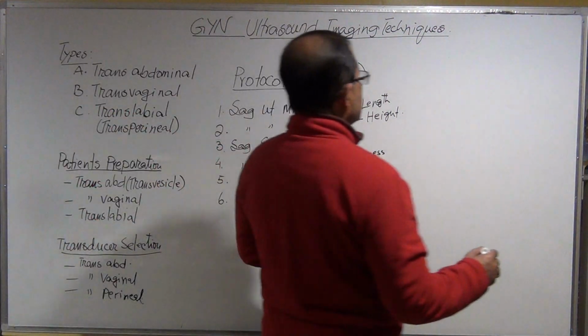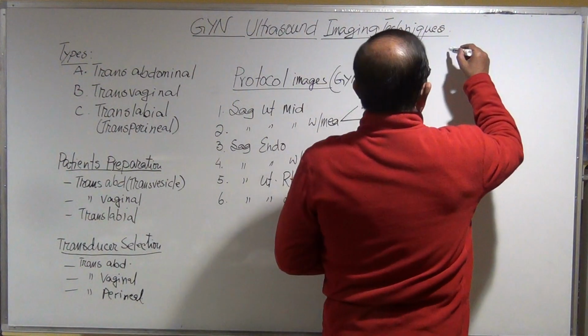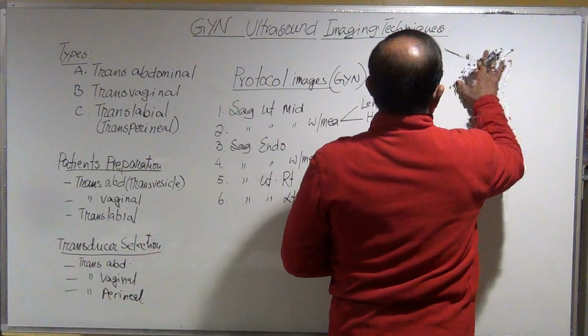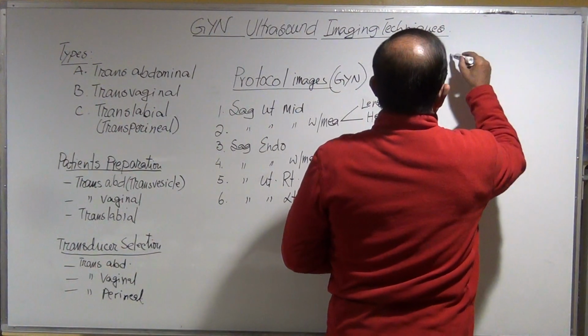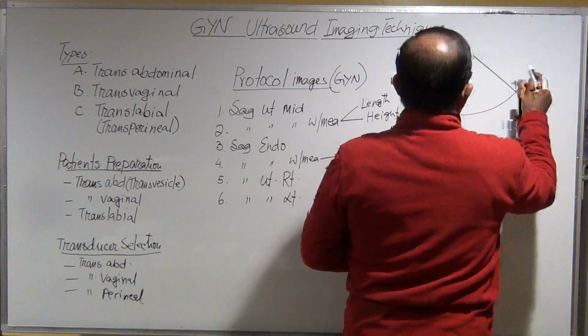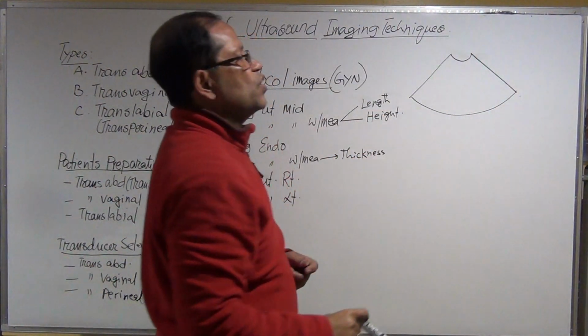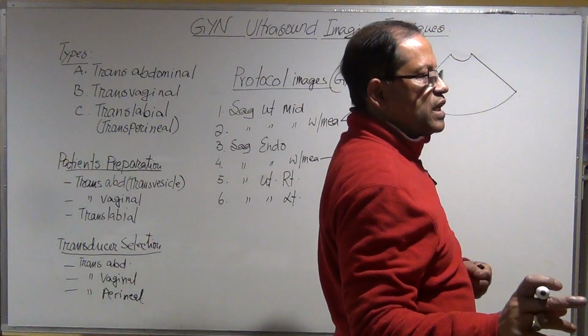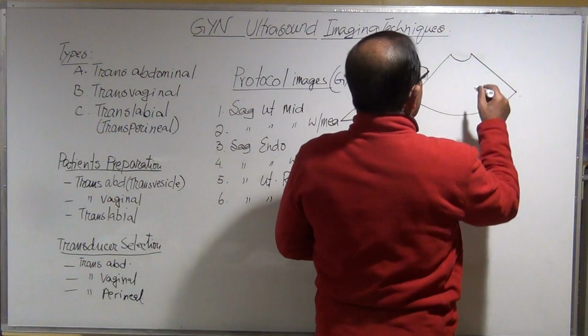That means I am going to see the cornual area of the uterus. Why is the cornual area important? Cornual area is important because cornual ectopic pregnancy is not uncommon.